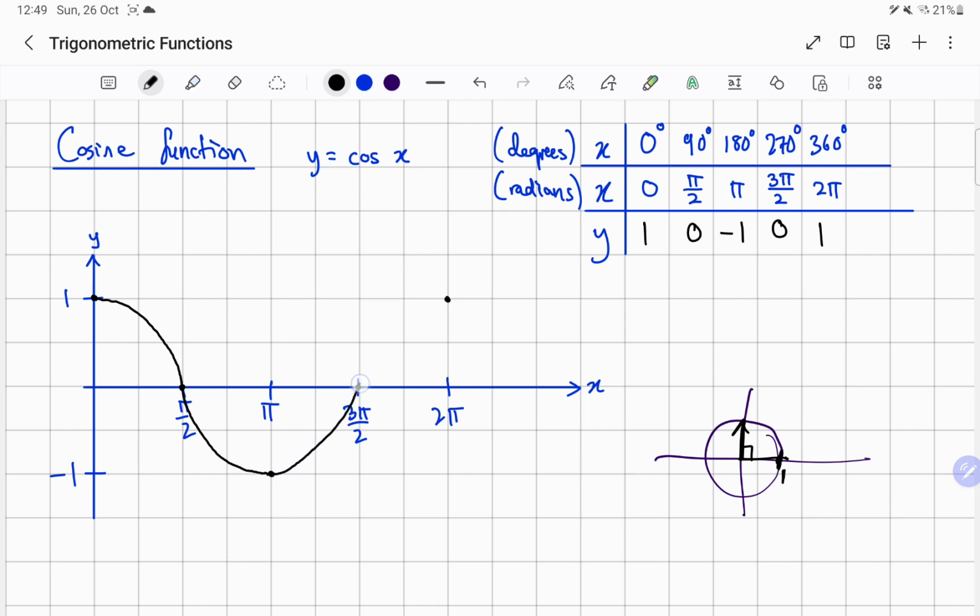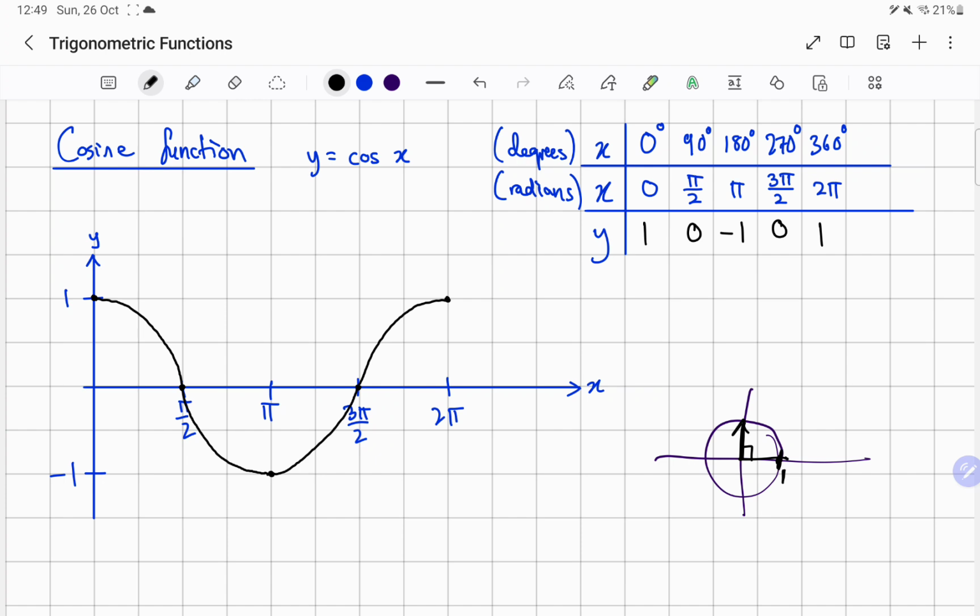Then you come up here. It's quite a decent diagram actually, it'll look something like this.